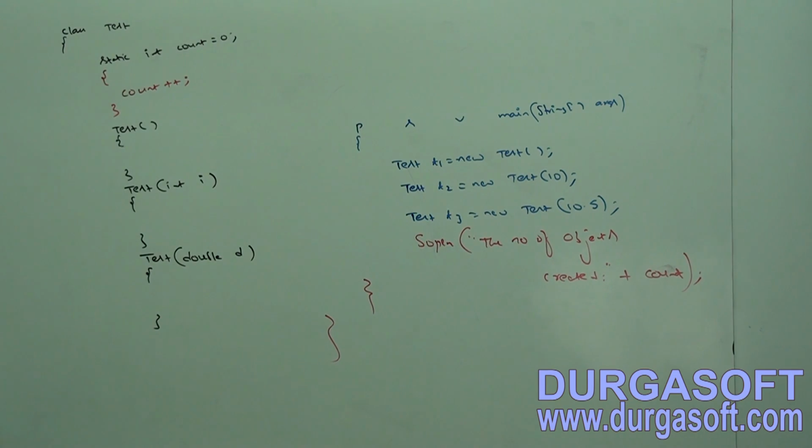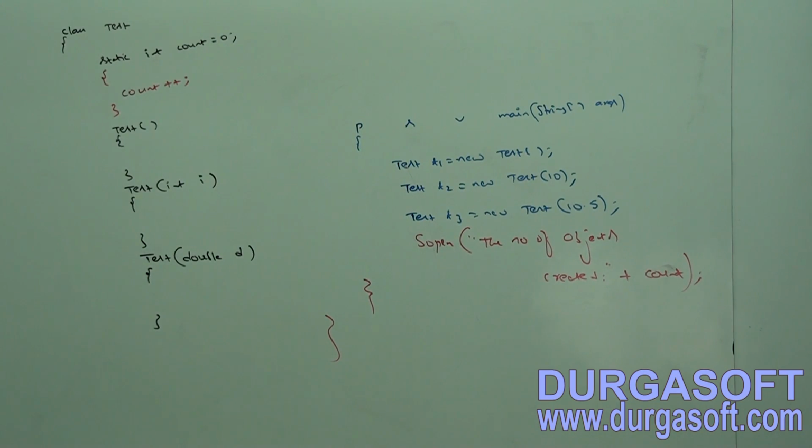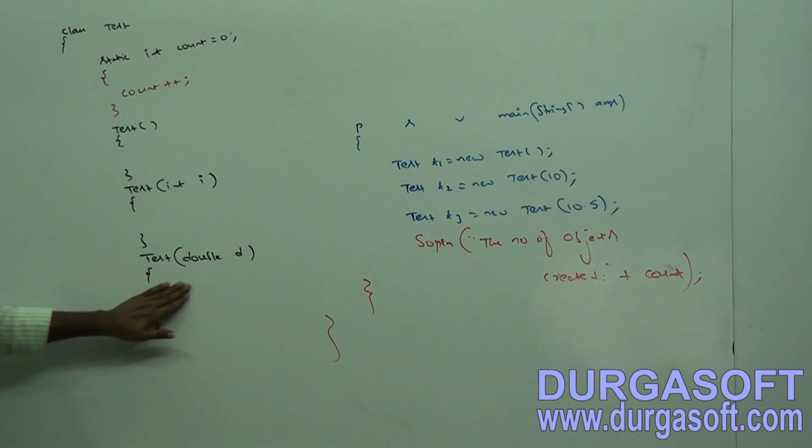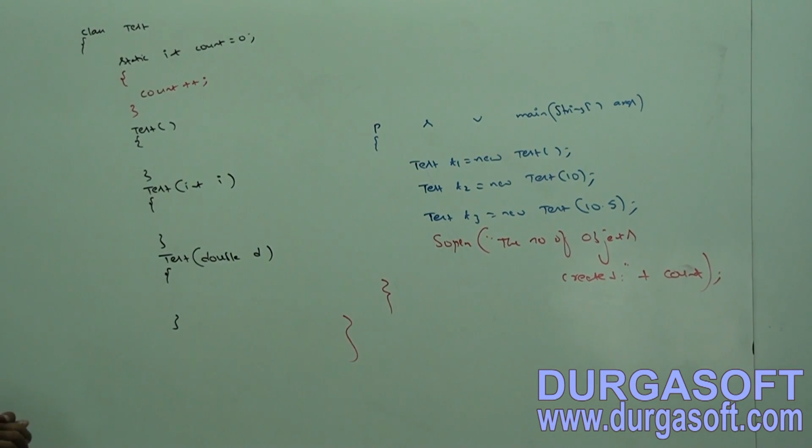Static int count is equal to 0. Count plus plus. Then the Test constructors: Test of int i, next Test of double d. Public static void main.